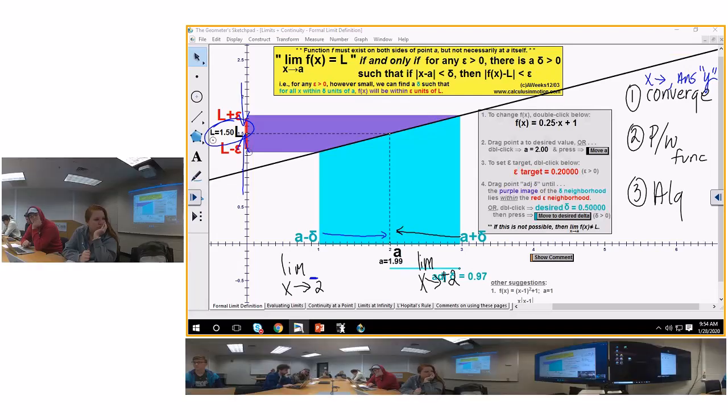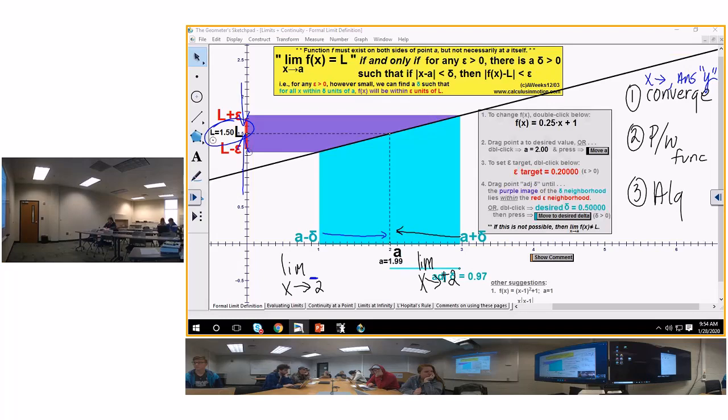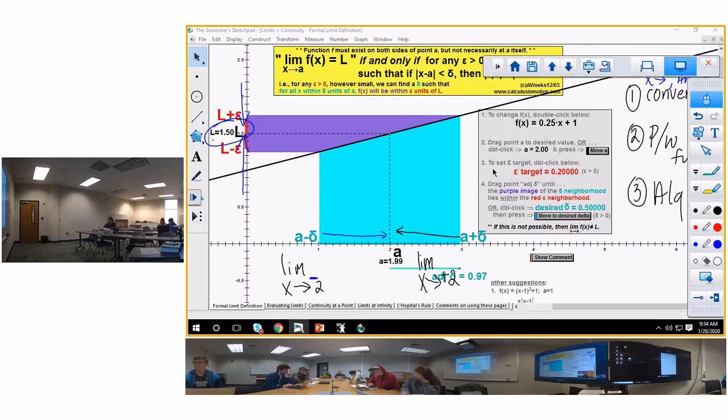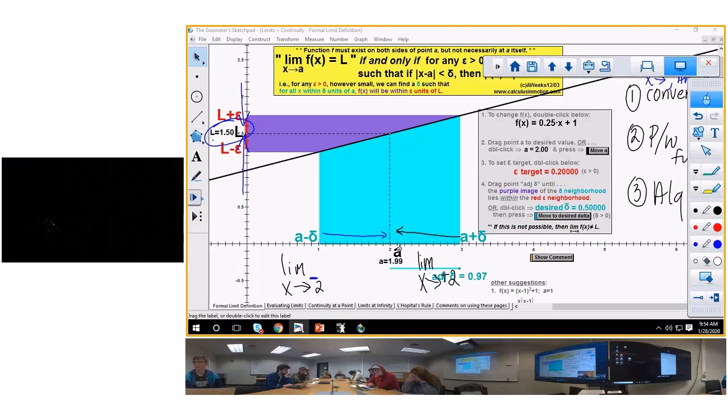So no matter what I do on this function, it's going to converge on a number. And that's the main thing I want you to see with this graphic. This is one type of, I'm trying to get it to move again. There.